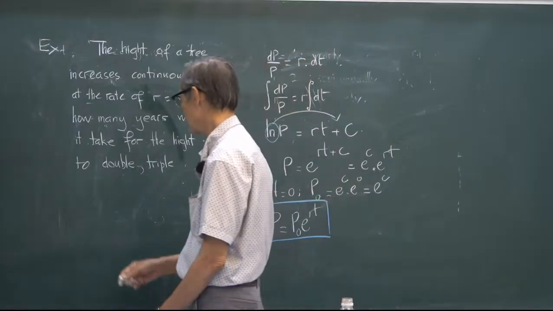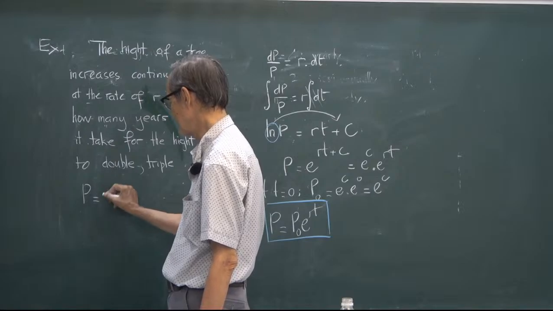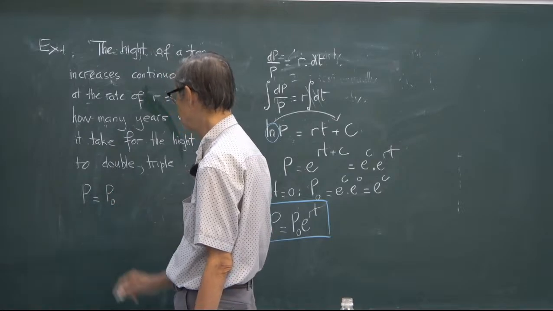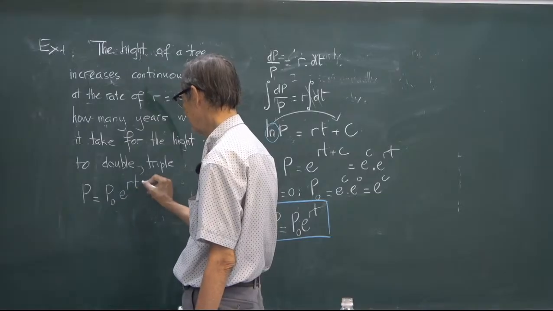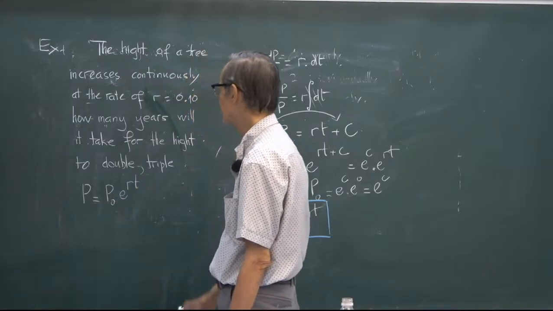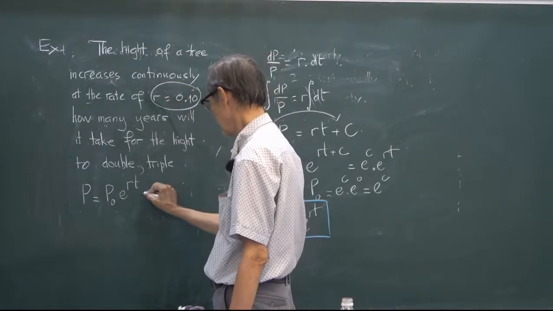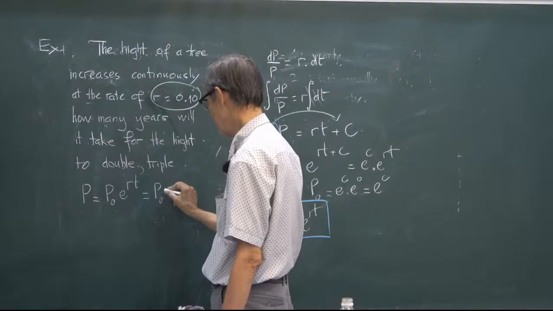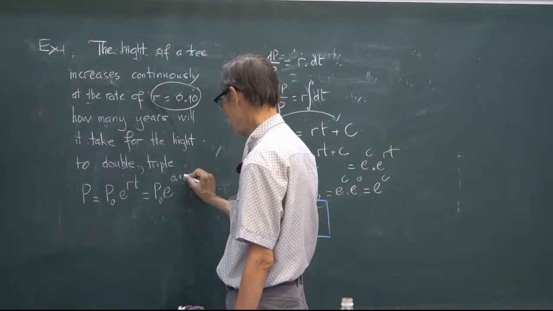We have the formula V equals V0 e power RT, here V0 e power 0.10 T.